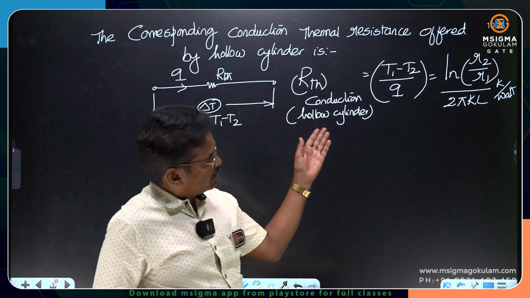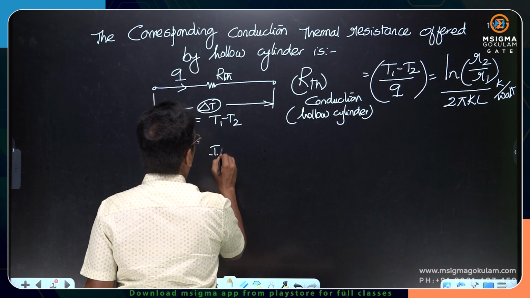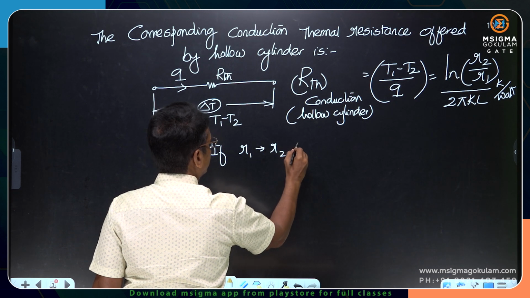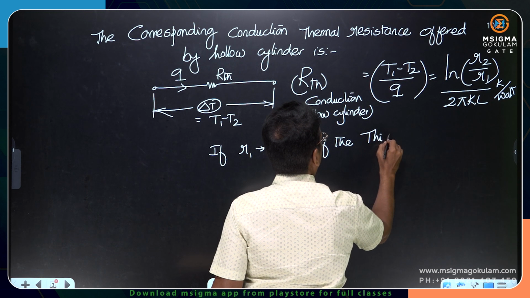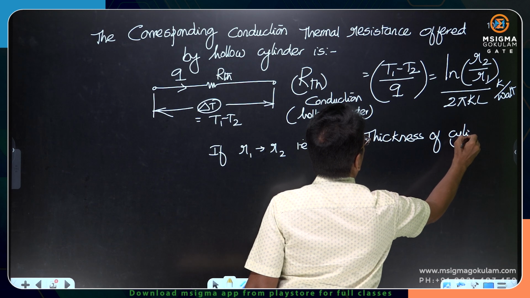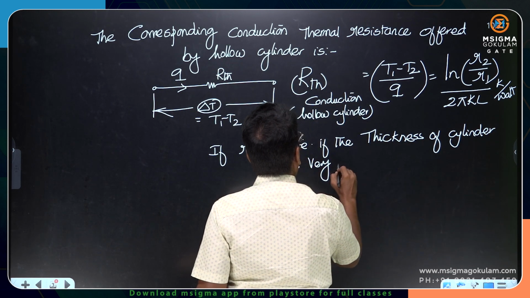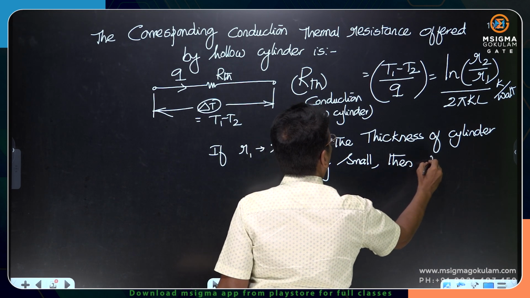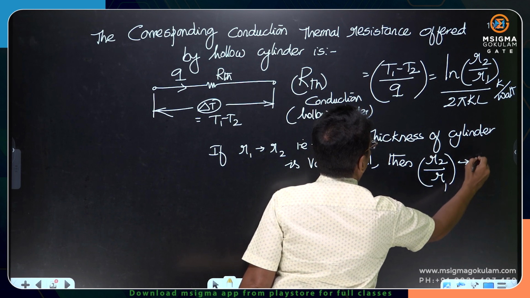If we look at that formula, we can easily notice that if R1 tends to R2, that is, if the thickness of the cylinder is very small, then the R2 by R1 ratio will be tending to 1, right?